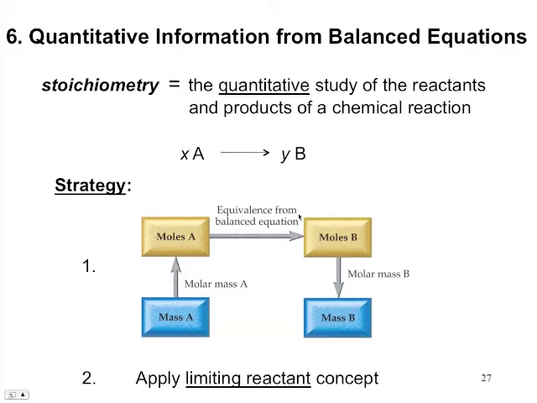Applying these two tools, if you know how to use them, you can solve any chemical stoichiometry problem that's given to you. A second thing that you need to know is the limiting reactant concept. So we're going to start off by focusing on strategy 1, just the mole-to-mole conversion and the mass-to-mole or mole-to-mass conversion.